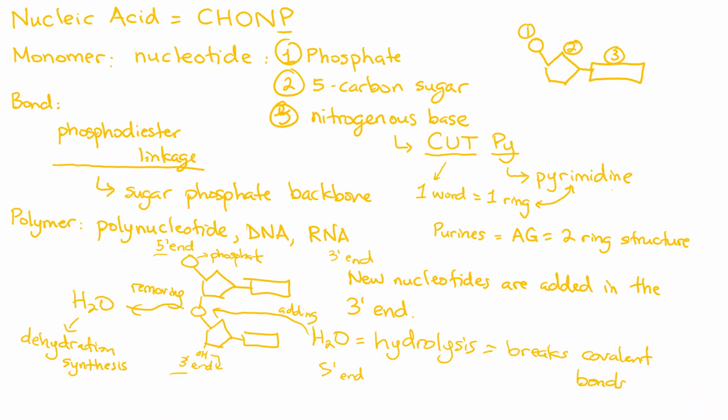Well, the nitrogenous base right here links up through hydrogen bonds with the other complementary nitrogenous base. So A pairs with T, and I draw the two lines to represent two hydrogen bonds, and then C pairs with G, again, three hydrogen bonds.